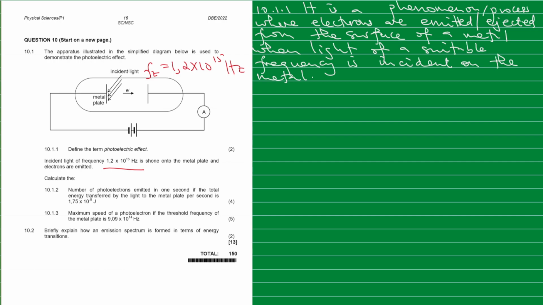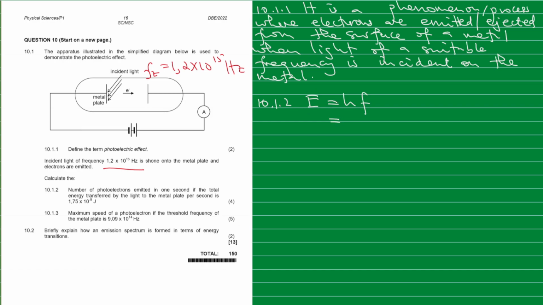We know that the particle nature of light says that light is made up of particles, and each particle is a photon. That photon has energy, and we can calculate the energy of each photon using the formula E equals hf, where E is the energy of the photon, h is Planck's constant, and f is the frequency.